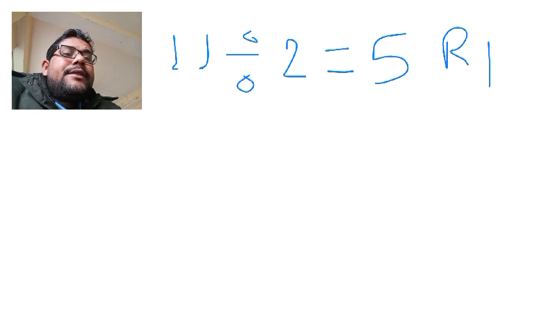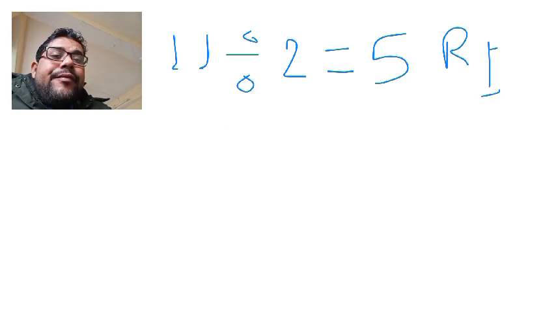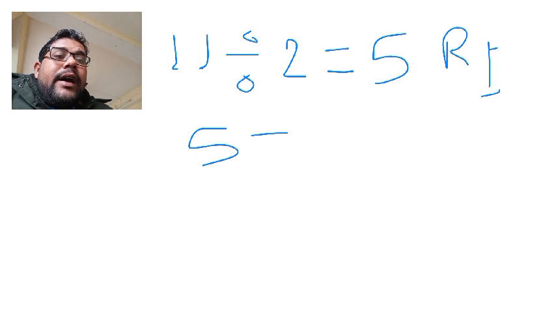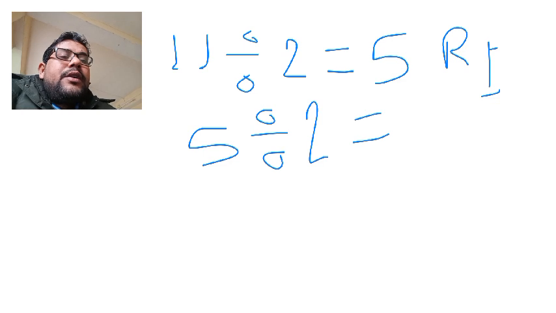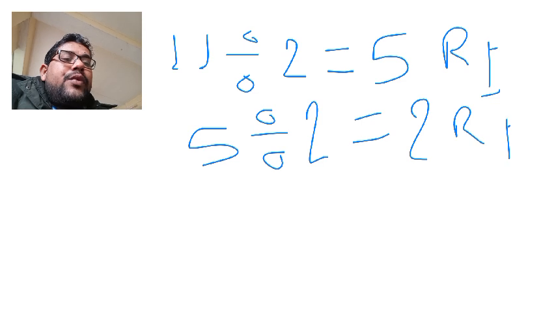This remainder is 1. Then this 5 will be divided by 2 again. It goes 2 times, 2 multiplied by 2 is 4, and the remainder is 1.